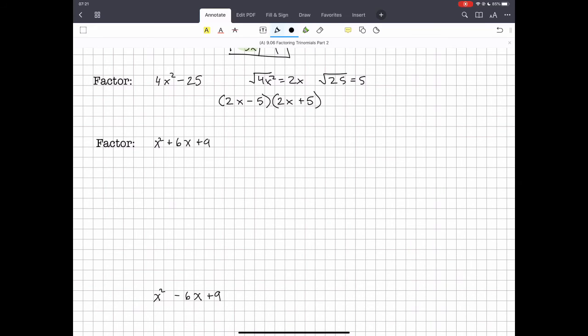In this problem, x squared plus 6x plus 9, I again notice that the first and the last terms are perfect squares. So what we have here is a perfect square trinomial.